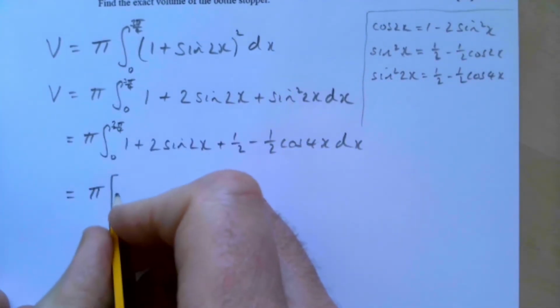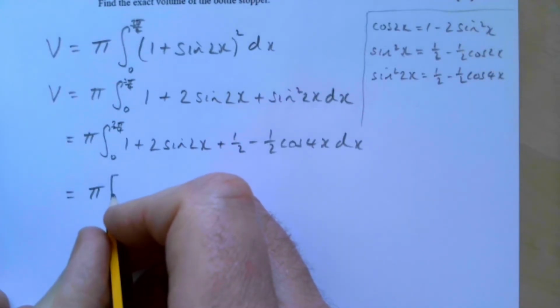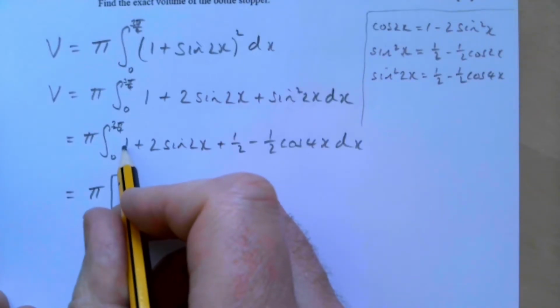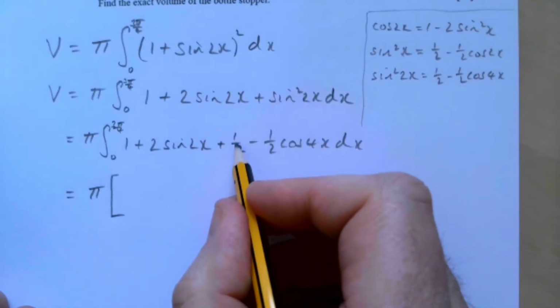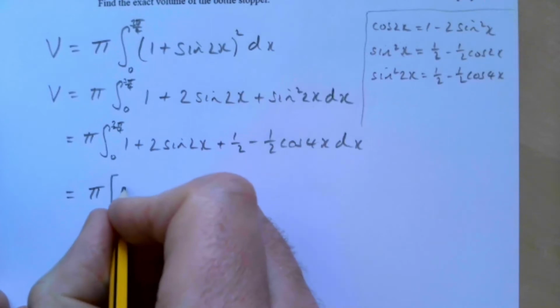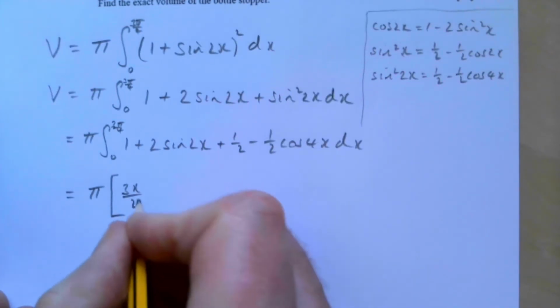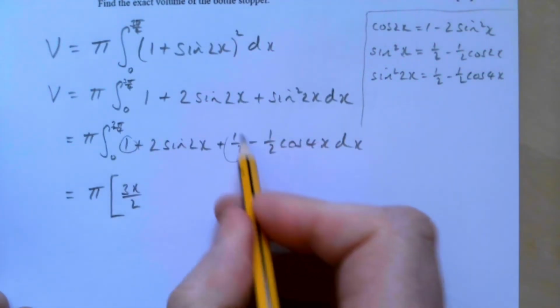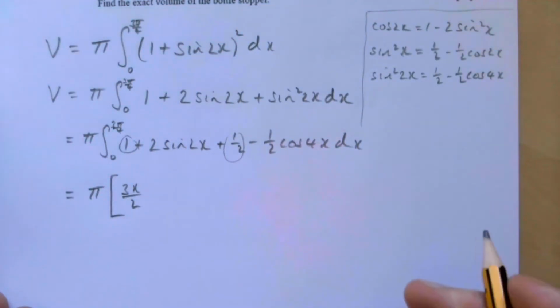Integrate the 1. I'm going to do the 1 plus a half, so that's 1 and a half. So that is going to give me then 3x over 2. I hope you're okay with that, because that's just a number there and that's just a number there. So we'll add them together before we integrate, and we end up then with that.